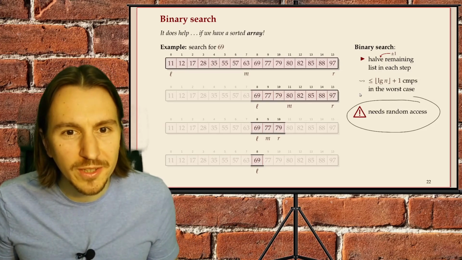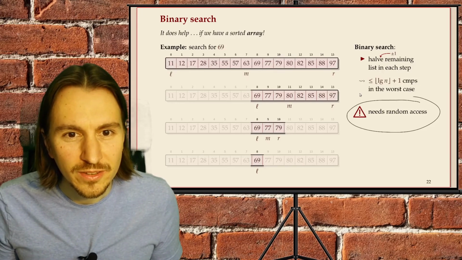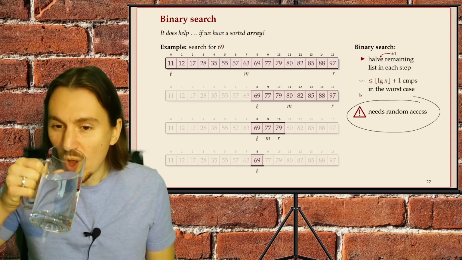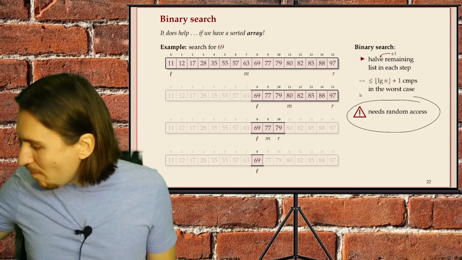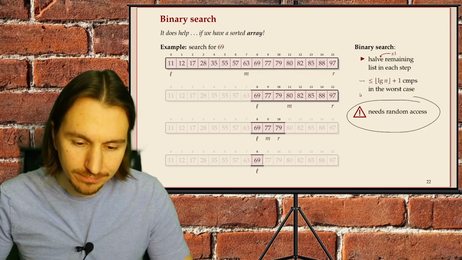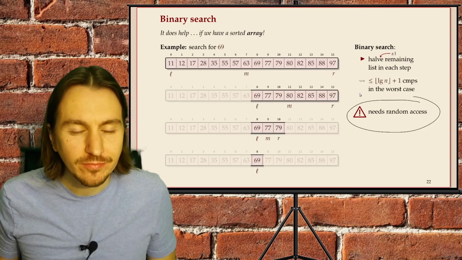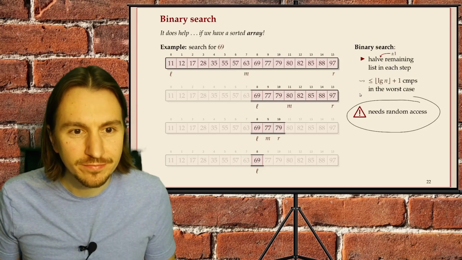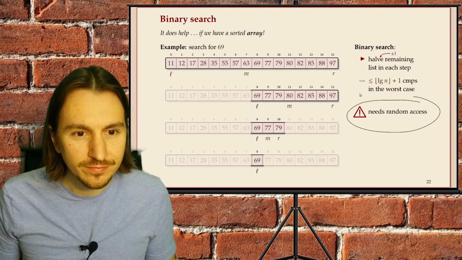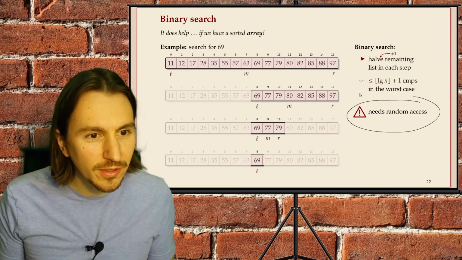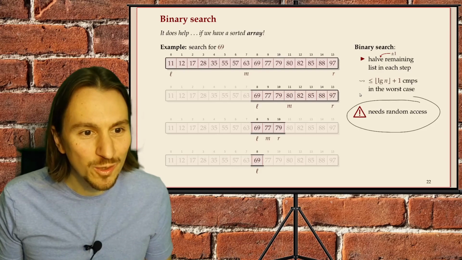Okay, I'll give you maybe one more minute. 20 people have voted, 23. Okay, 28. Getting closer.